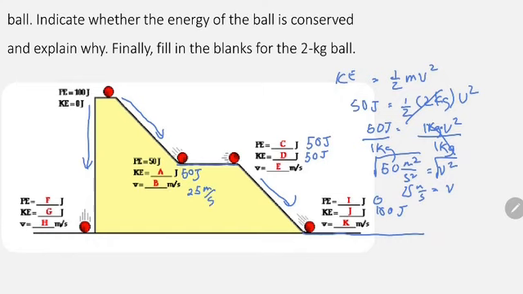Okay, wait. That was a mistake. The square root of 50 is 7.07. Rather, I'm sorry. I got carried away. 7.07 meter per second. Okay.